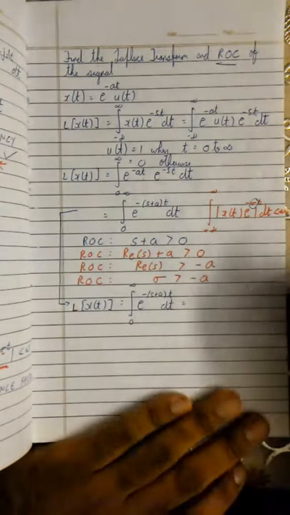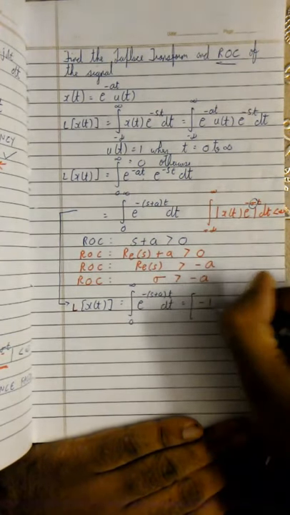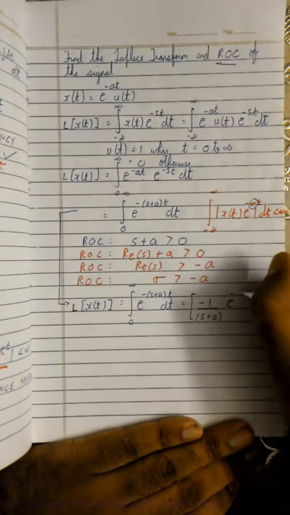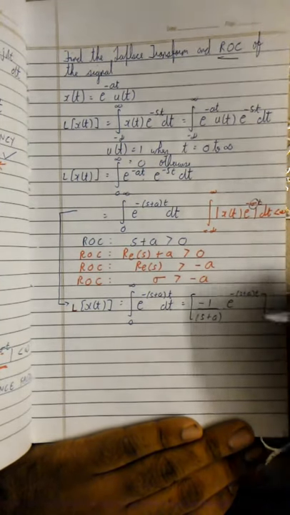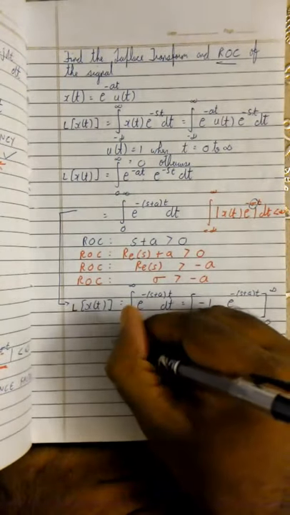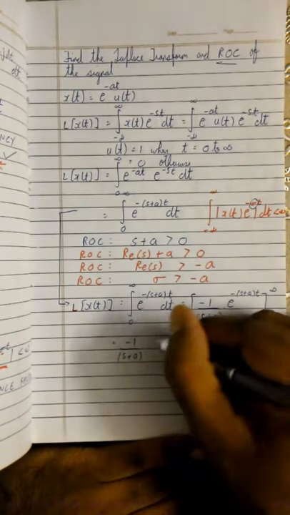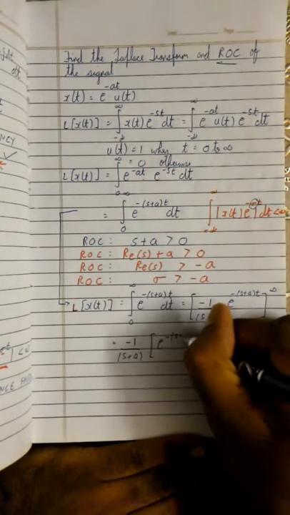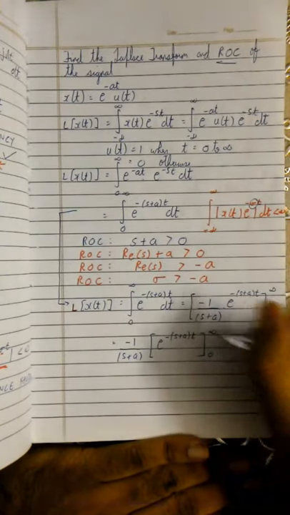This is also equal to minus 1 by (s plus a) into e raised to minus (s plus a) t, from 0 to infinity. I can take this factor common.